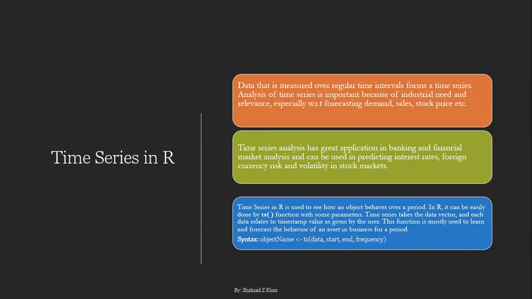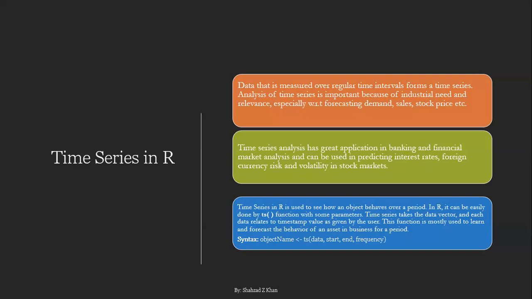Once you import the data, you can convert the data into a data frame, and then you can convert it into a time series, which we will see today. And then you can analyze data by using a number of statistical functions and using plots also. So, time series analysis is being used in financial services sector, banking, and manufacturing, financial market analysis.